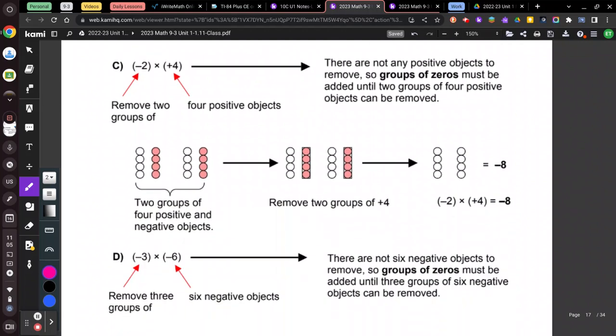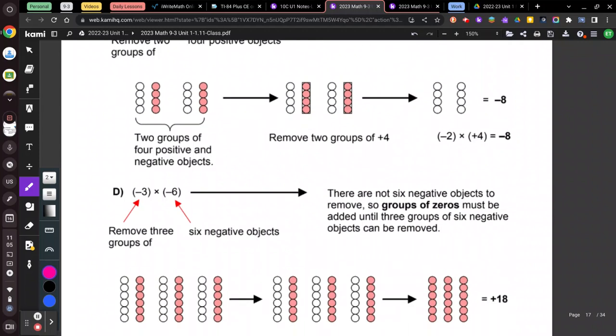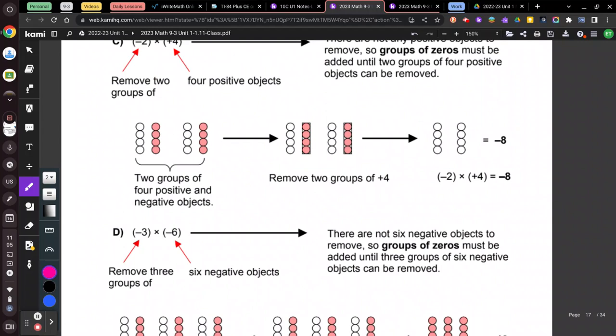Now, all of these can be done in our calculators. Here we've got a negative timesing by a positive. What happens if we have a negative timesing by a positive? What happens? Anybody remember? Take a look at this one. Negative times a positive, what kind of answer did we get?